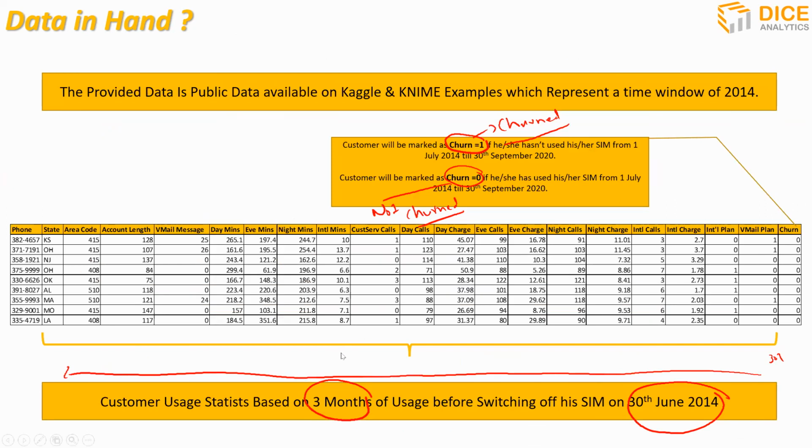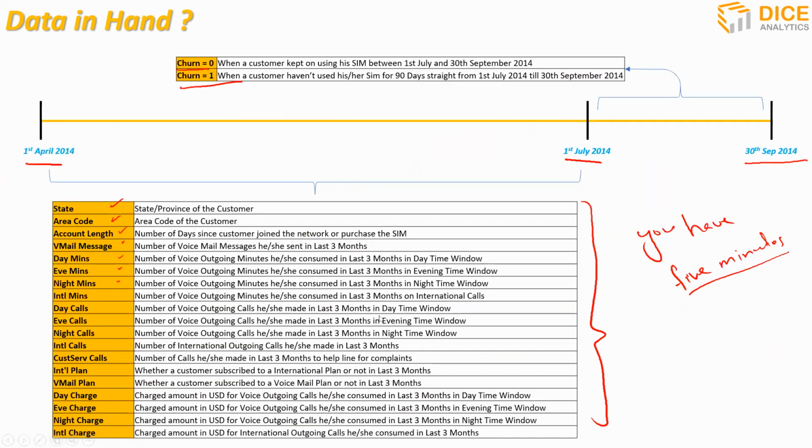But before starting this session, I would request everyone, you have 2 minutes. You can go through each and every column again, so that whenever we use the names of these columns, you have a clear idea which particular column I'm referring to.